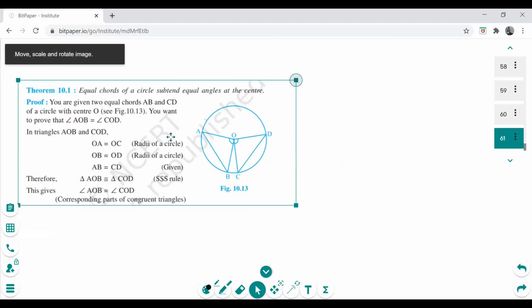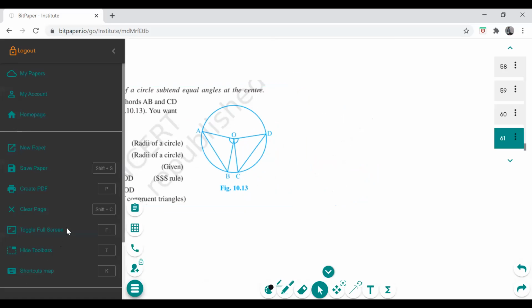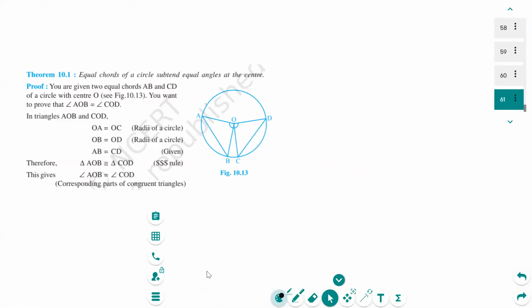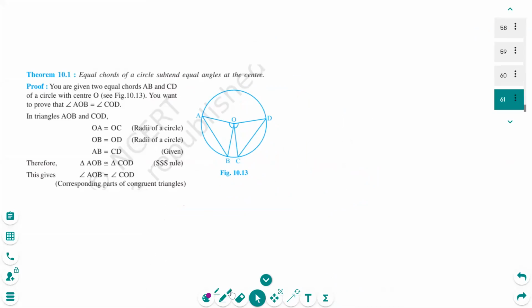Yes, this theorem, a really important theorem, बच्चों. You need to understand it. Must understand it. So equal chords of a circle subtend equal angles at the center. So the theorem says, the first theorem of the chapter, there are a number of theorems in this chapter.